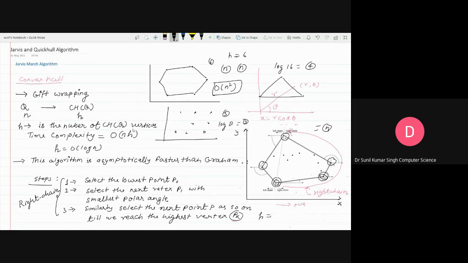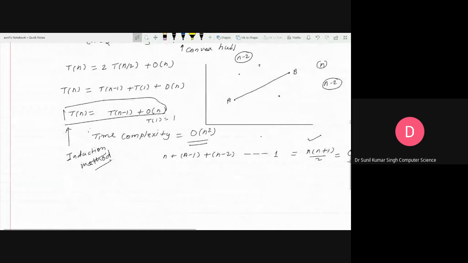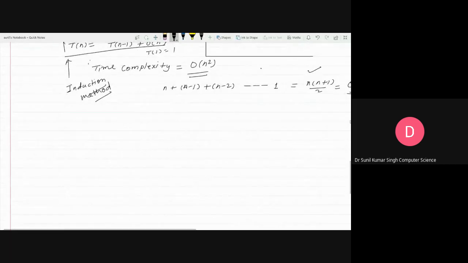So I hope it is clear to all of you. We have discussed three algorithms here. First one is the Graham-Scan algorithm, and then the Jarvis algorithm, we call it the Jarvis March algorithm, and the Quick Hull algorithm.